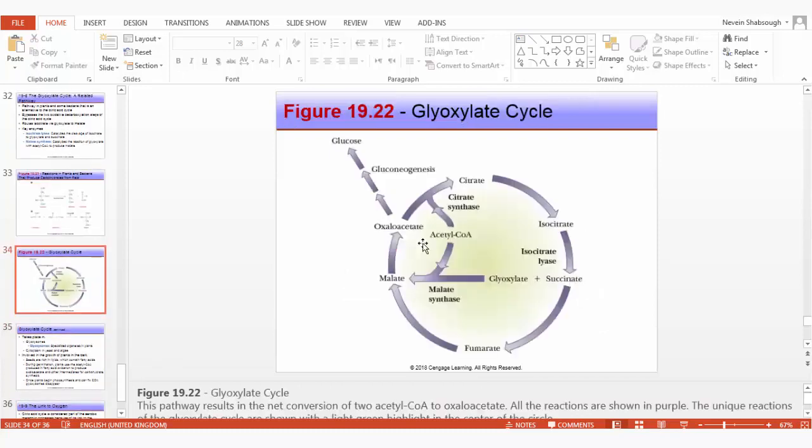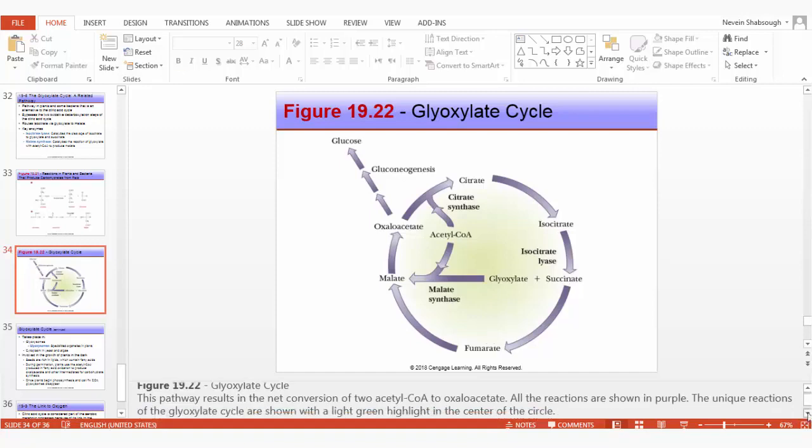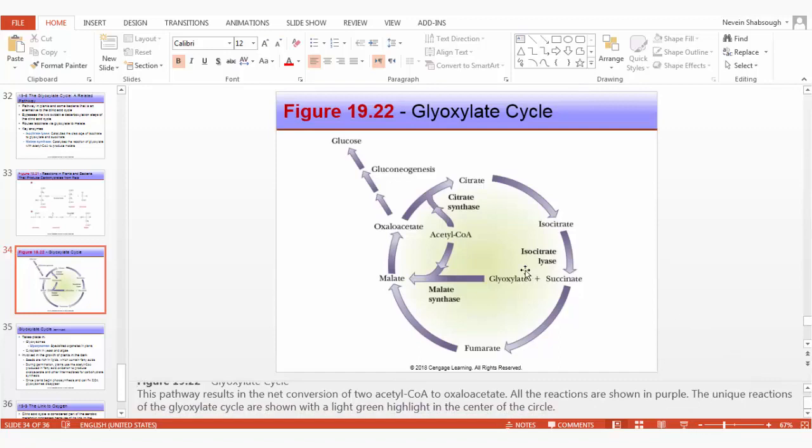If we look here at this figure, we see that this pathway results in the net conversion of two acetyl-CoA. This is one which is used in condensation between acetyl-CoA and oxaloacetate to form citrate, and then here isocitrate is cleaved, and then the malate synthase will synthesize malate.